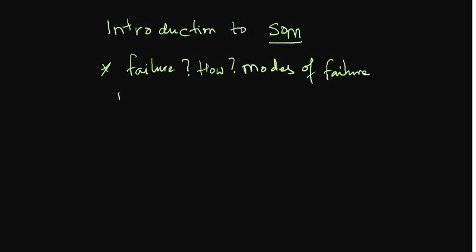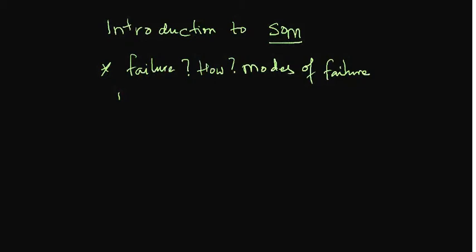Now, moving on, when we are talking about loading of different members in a structure, then we talk about how actually this member is loaded. If we look at the very elementary studies of strength of materials, we will see that members are subjected to basically three kinds of loading.